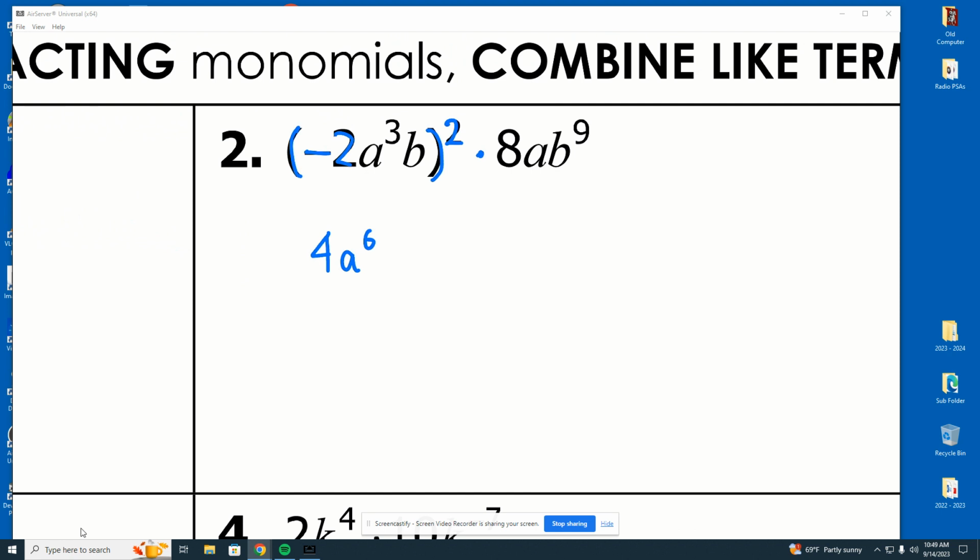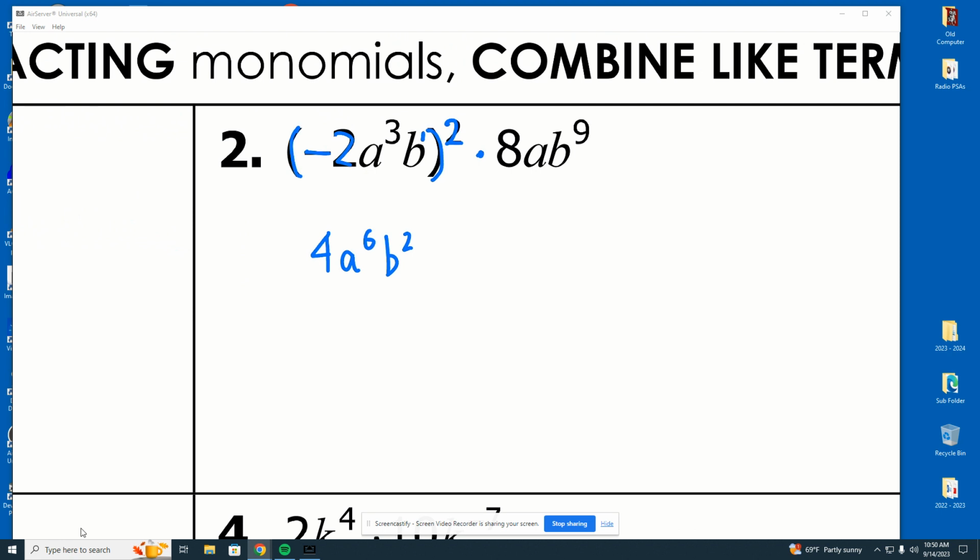Y'all understand that? And that becomes a to the 6. What do we technically have here? B to the what? We have b to the first, technically, right? So that is 1 times 2, b to the second. So that becomes 4a to the 6, b squared.